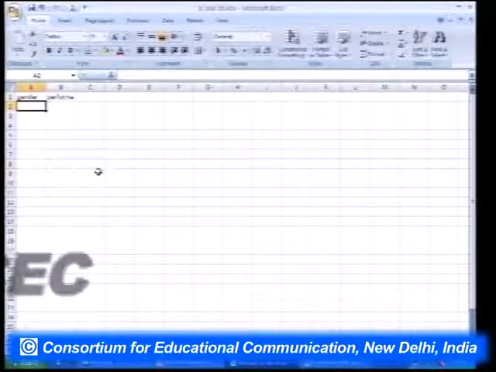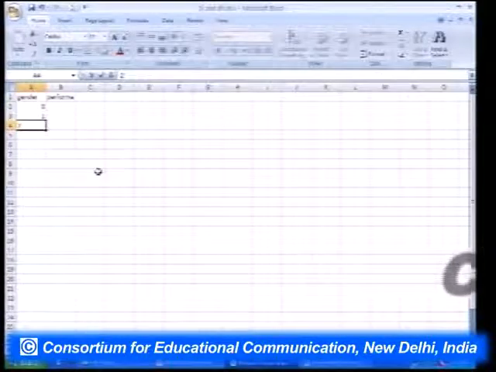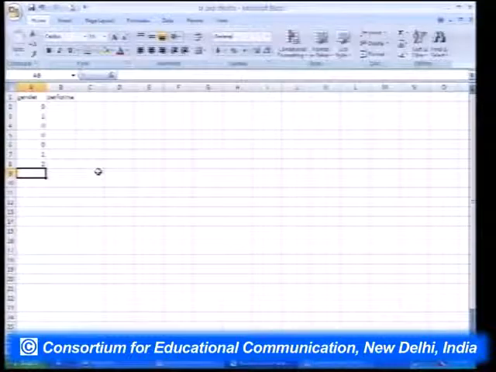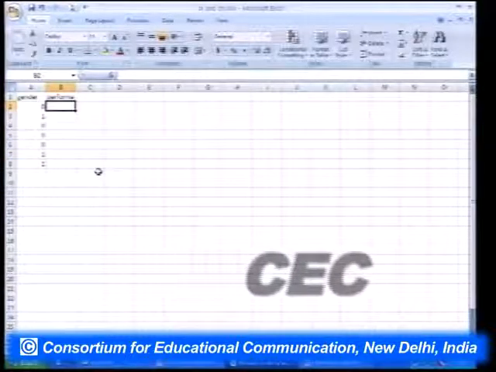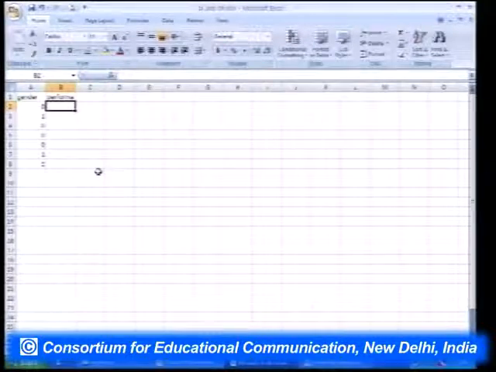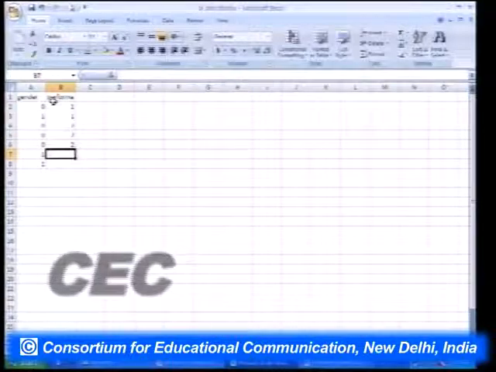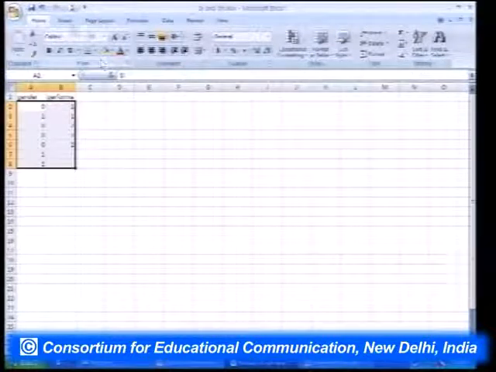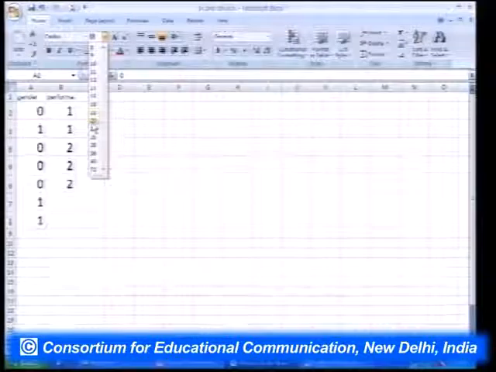Now gender can be coded as 0 and 1, 0 for say males and 1 for females. And similarly performance can be coded again as 1 or 2. 1 means pass and 2 means fail. So if you look at this, this is how the data will be entered in either SPSS or Excel.